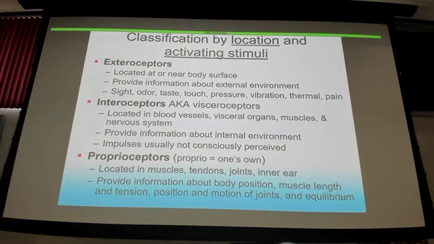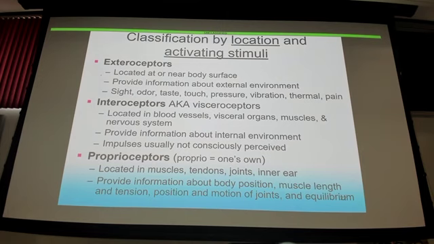Hey, we're still talking about how we classify these receptors. So we're looking at kind of how they're set up. Now we're going to look at where they're at and what activates them. And these should be pretty familiar because you're hearing this in multiple classes. Exteroreceptors would be near the body, outside of the body.